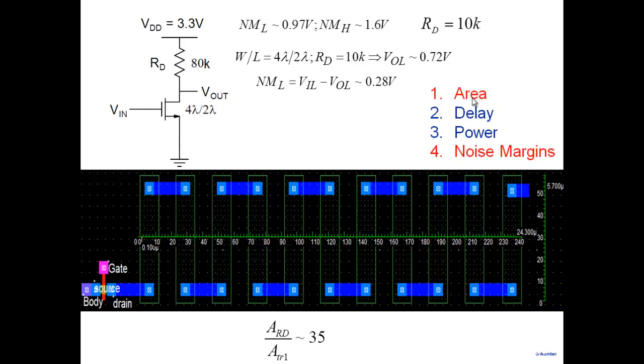So what are we seeing? We are seeing area, delay, power, noise margins. You will always see trade-offs among these 4 quantities. Well, I tried to reduce the area. See what happened to the noise margin. 0.28, collapsed. Right? So, yes, RD equal to 10K, but this is the price that we have to pay. All right, so this is with noise margin.